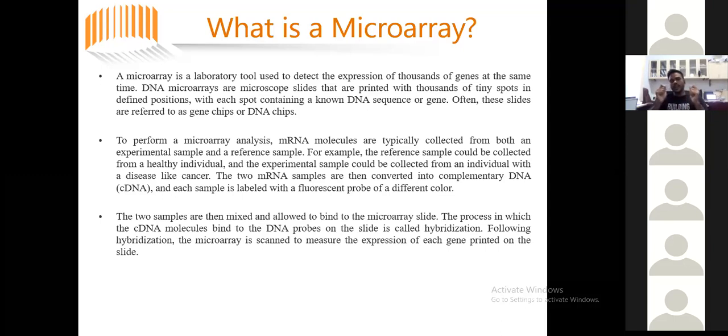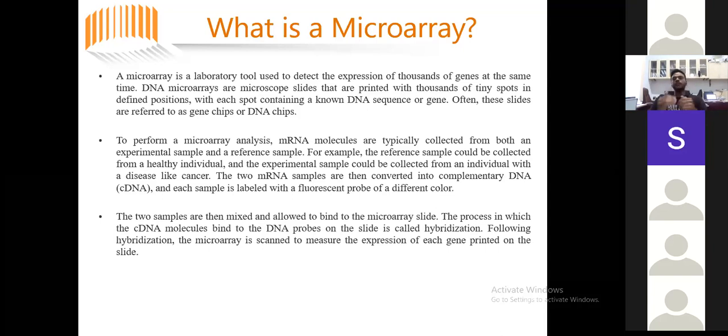We call it a two-channel assay or dual assay, because the two conditions that we have extracted, that is the two different mRNA levels converted to cDNA, are labeled with fluorescent dyes, commonly Cy3, which is green in color, and Cy5, which is red in color.